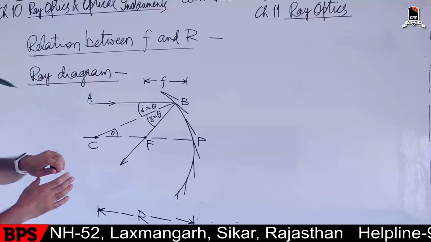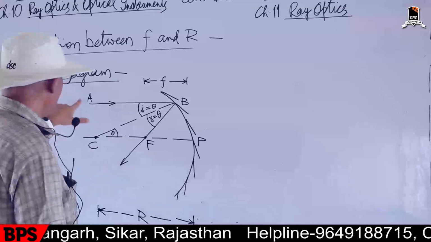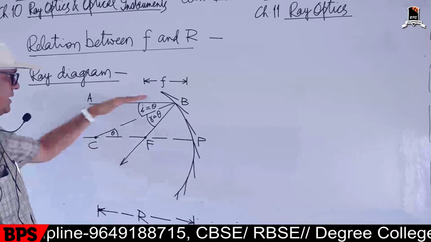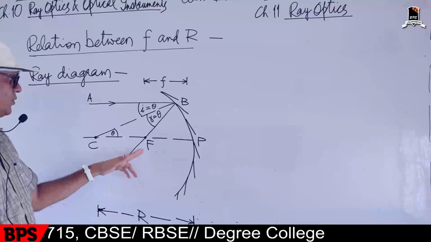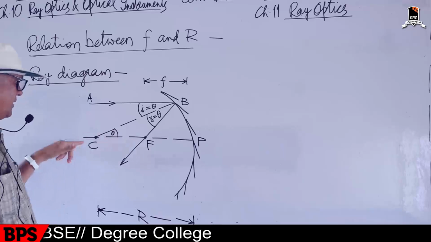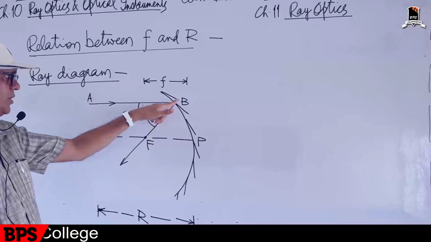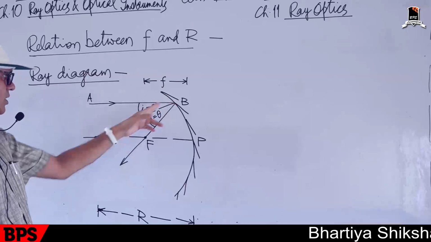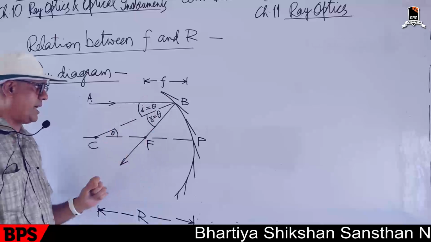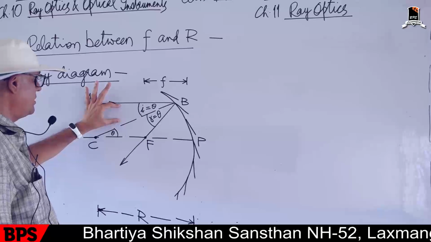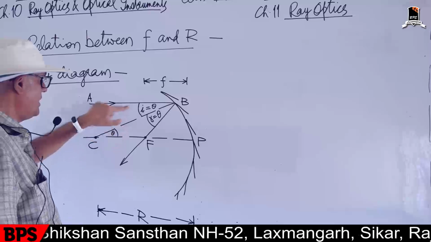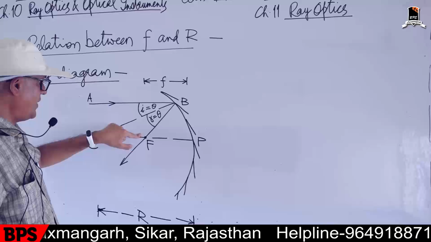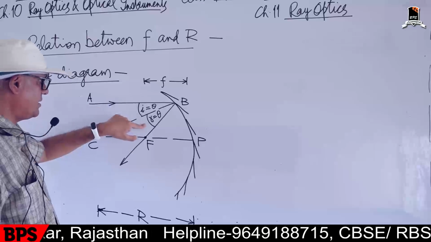Simply, one ray is taken which is parallel to the principal axis. After reflection it will pass through the principal focus F of the mirror. If we join the center of curvature and the point of incidence, on the surface of the mirror, then we will get the normal direction. So CB is the normal direction. The angle between the incident ray and the normal is the incidence angle, let it be theta, and the angle between the reflected ray and the normal is the reflection angle.